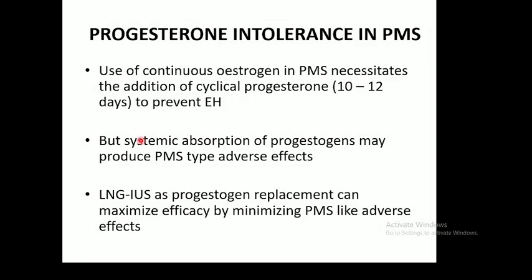If you are giving the progestogens orally, there will be systemic absorption and progesterone related side effects. So that's why there's a place for this device which releases progesterone only inside the uterus where there are no systemic side effects. So to prevent endometrial hyperplasia, when we are supplementing the female with estrogen, there's a place for LNG-IUS because it is only locally acting.